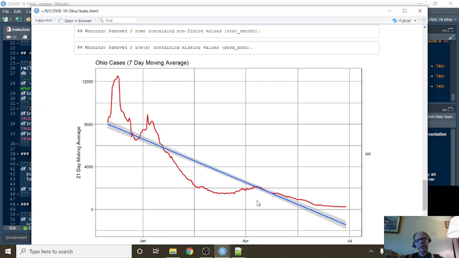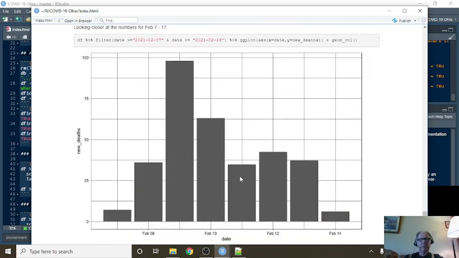What about cases? Again, cases are continuing to decline. They do appear to be leveling off a little bit, but the overall trend in cases is still downward. And here are the changes I made to the three numbers for the 11th, 12th, and 13th.